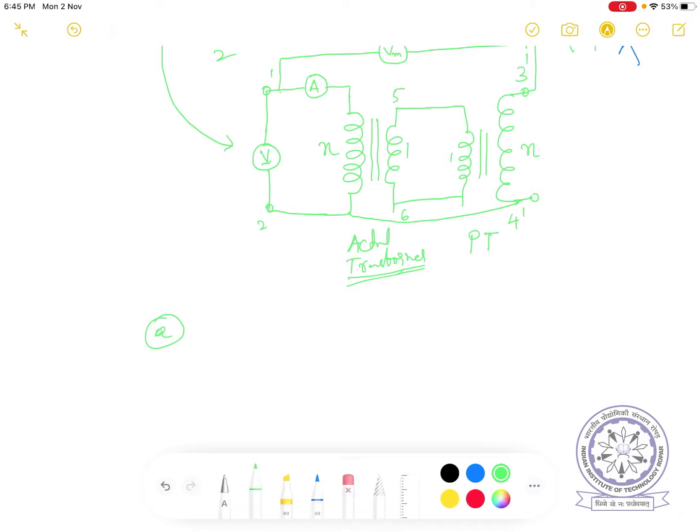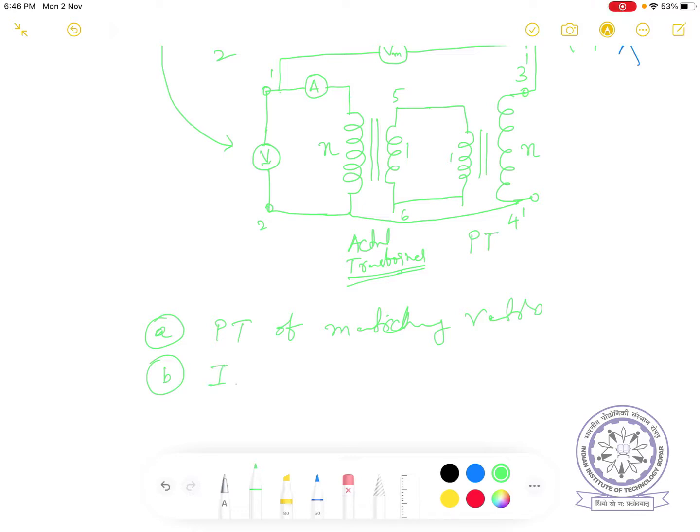So a matching potential transformer PT of matching ratio is the first difficulty. And the second thing is, the no load current contains a good deal of third harmonics.